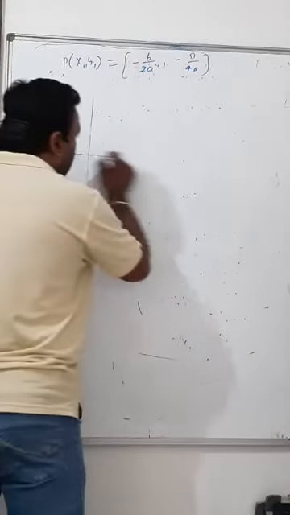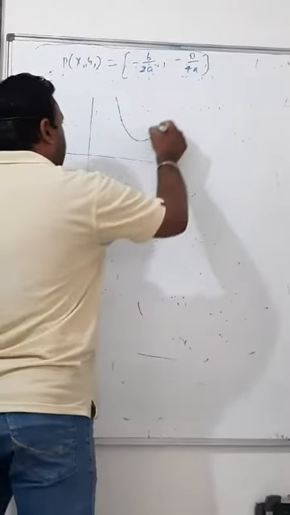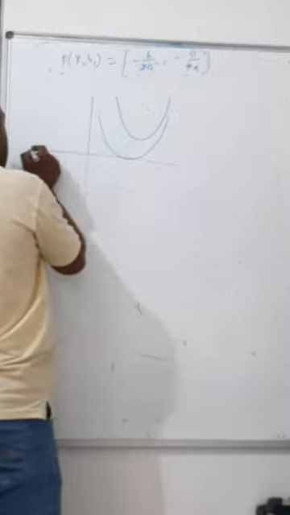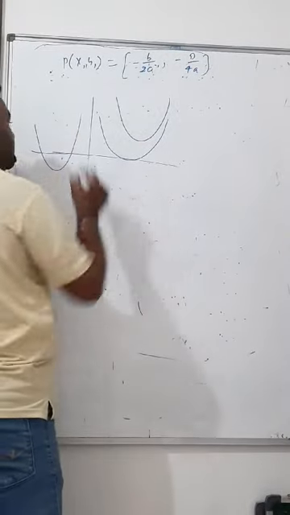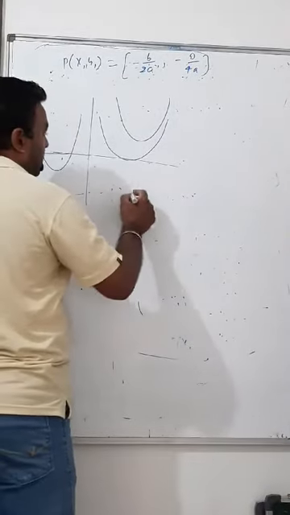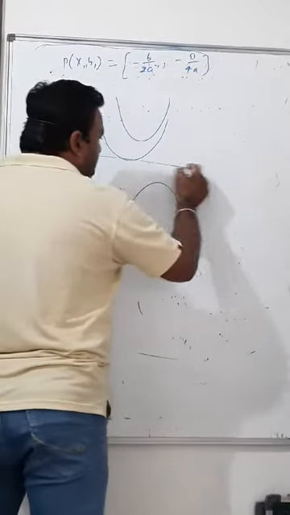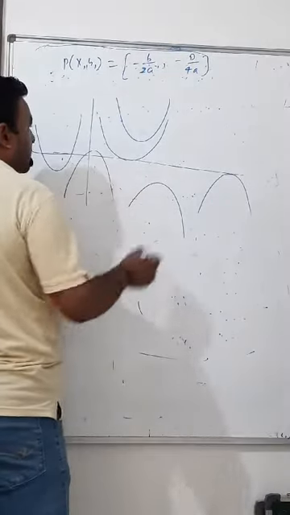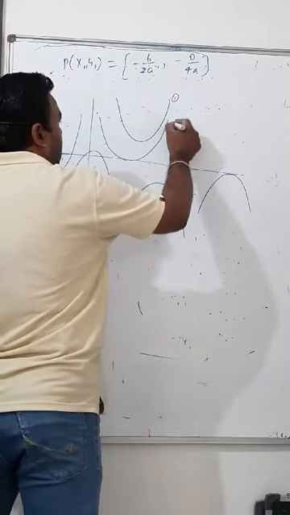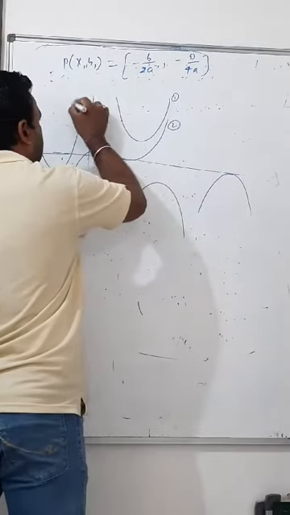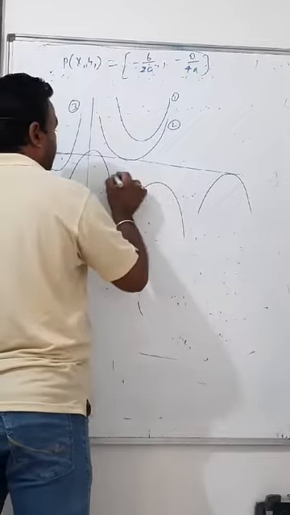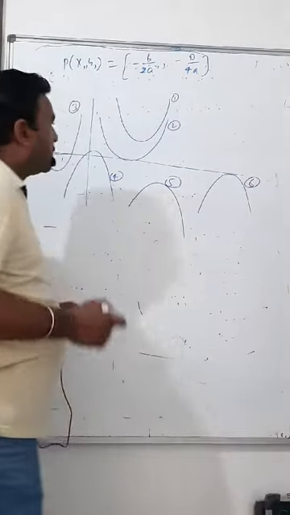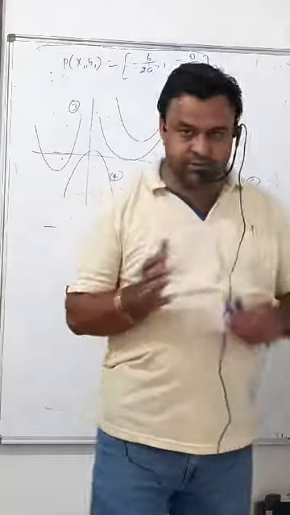For example, the graph can be like this, like this, like this, like this, like this. Now I talk about these 1, 2, 3, 4, 5, 6. 1, 2, 3 are opening upwards.